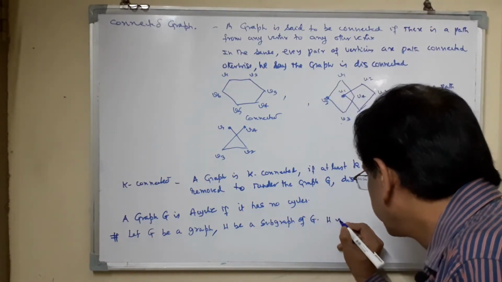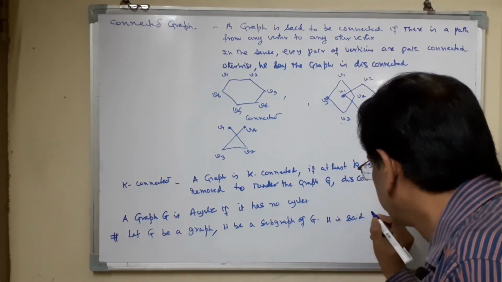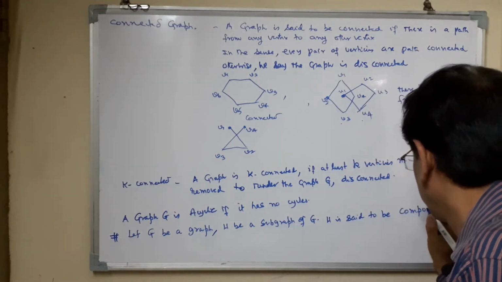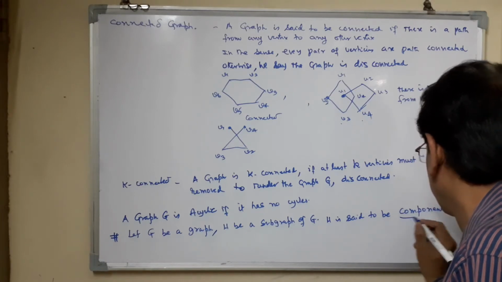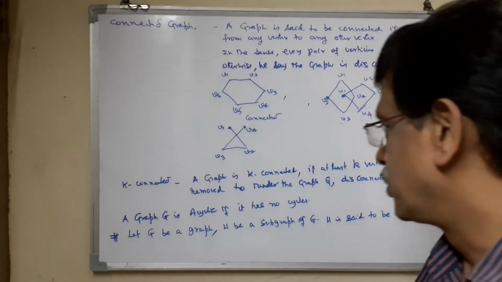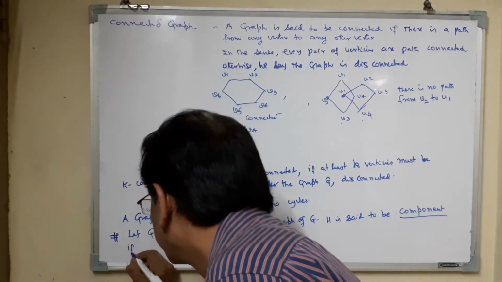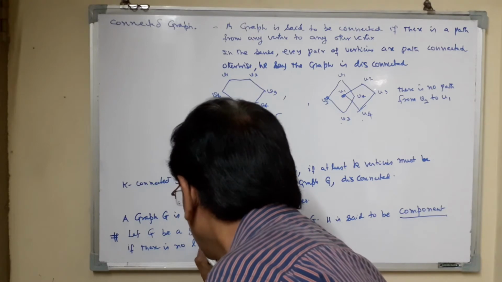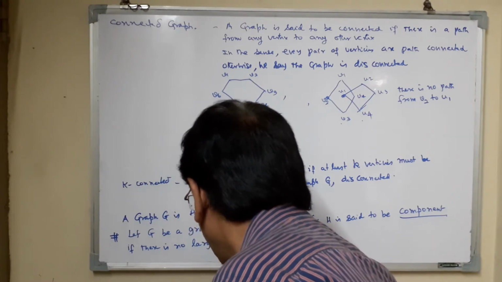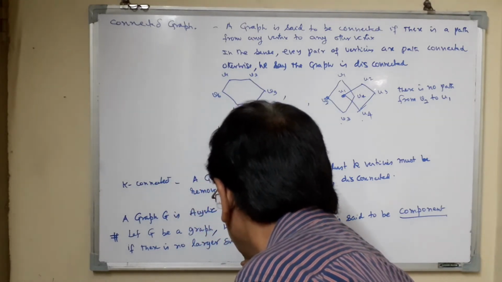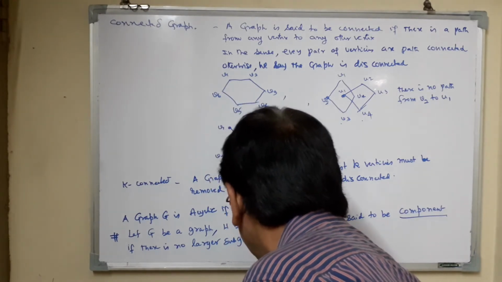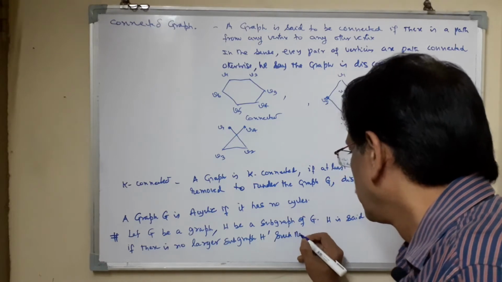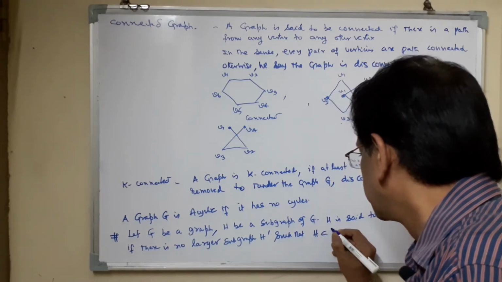H is said to be a component if there is no larger subgraph H dash such that H is strictly contained in H dash.